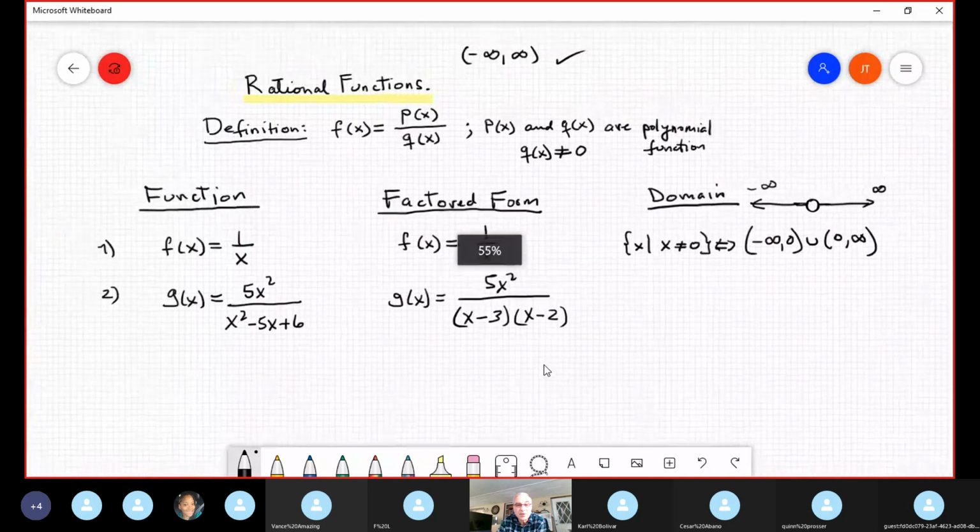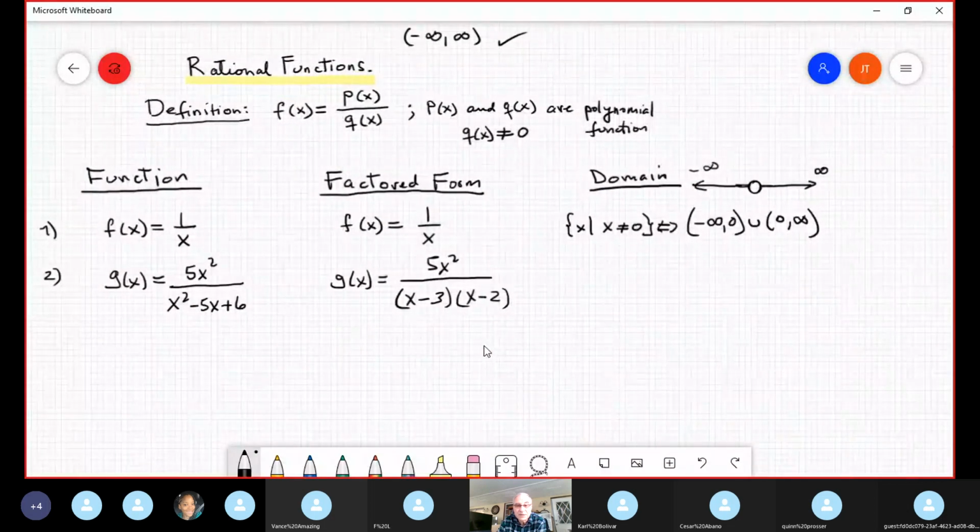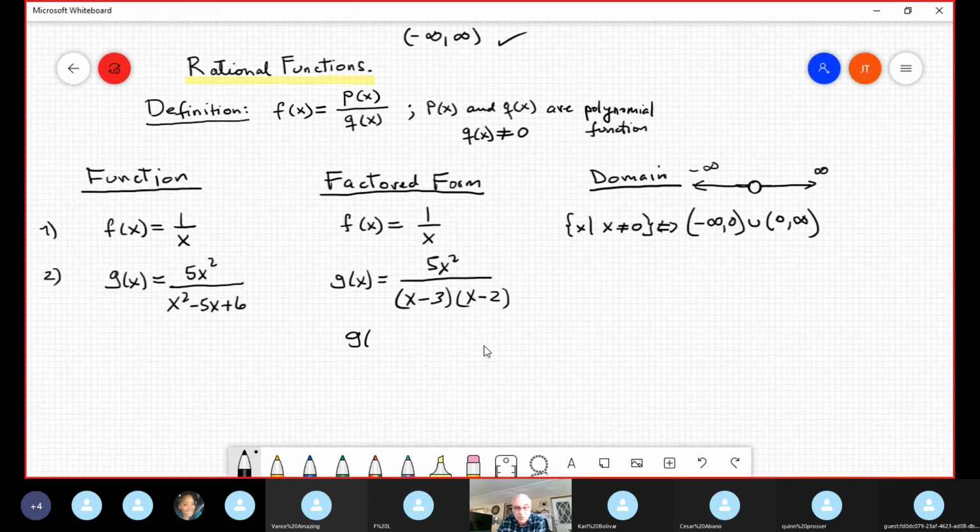Okay, now the domain is obvious: it's all real numbers except the bad guys, the restrictions, which are 3 and 2. Because when you evaluate the function at 2, or you evaluate at 3, we have 0 in the denominator. 3 minus 3 is 0, or 2 minus 2 is 0. So in both cases it is undefined.